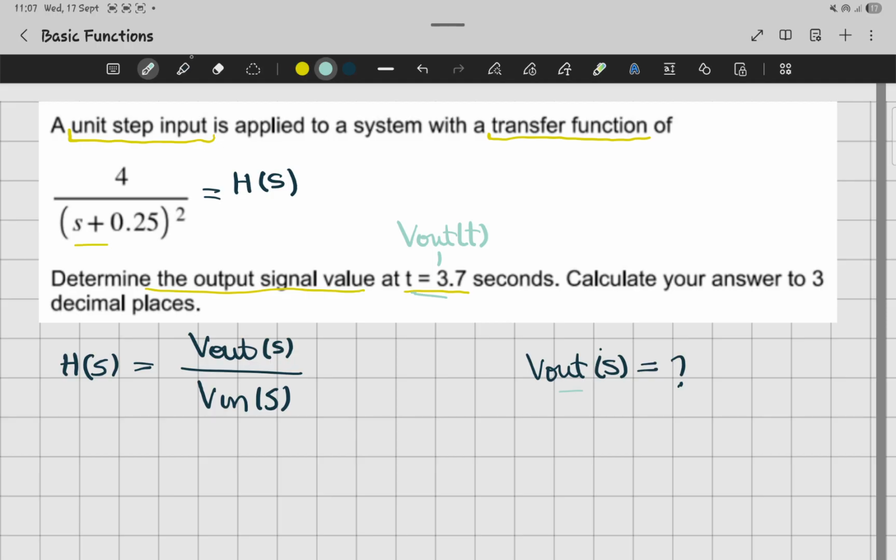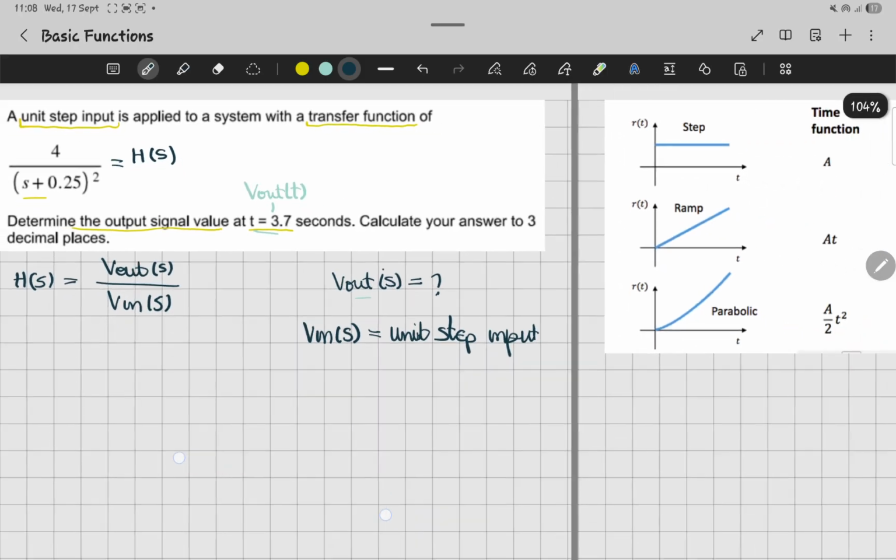Now the question's input is a unit step input. We should know that V in of S equals the unit step input. What is a unit step input?